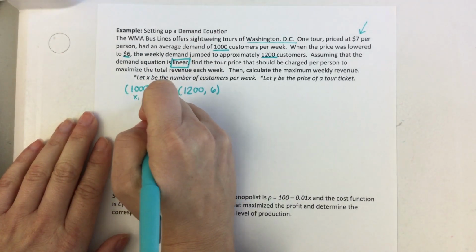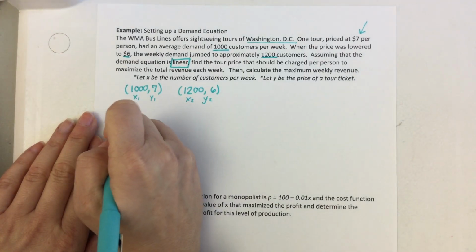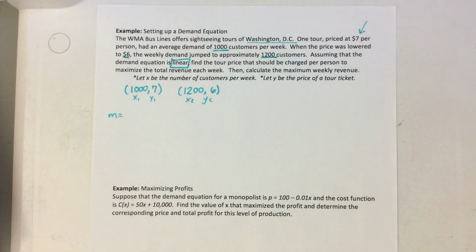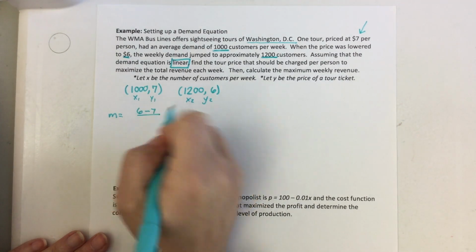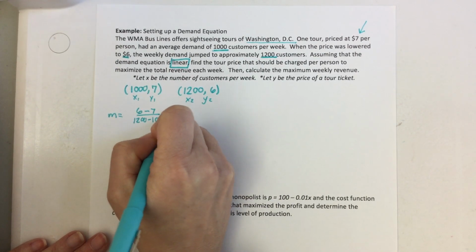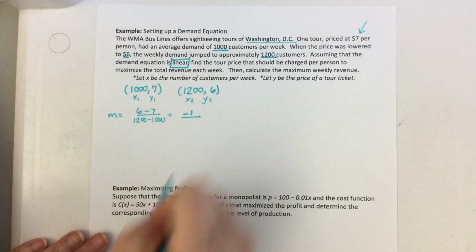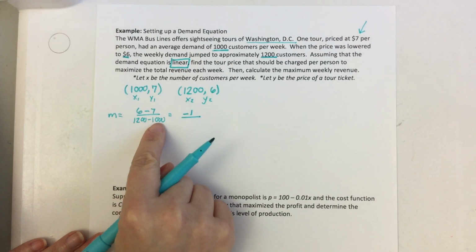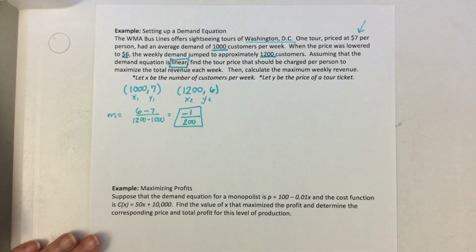This is my x sub 1, y sub 1, x sub 2, y sub 2. Step 1, if you are trying to find a linear equation, you need to know the slope. The slope is the second y minus the first y over the second x minus the first x. 6 minus 7 is negative 1 over 1,200 minus 1,000 is 200. So that is your slope.